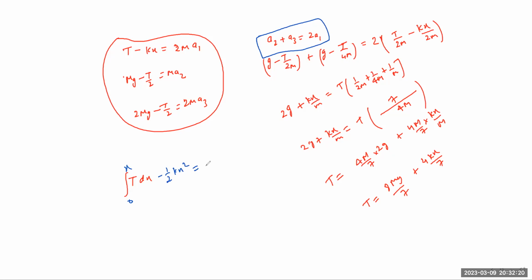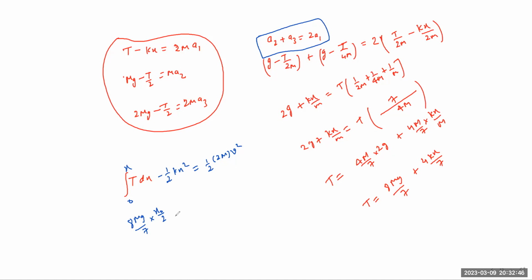So this is the net work done on the 2m mass. The net work equals the change in kinetic energy, half m v square. So 8 mg by 7 into x, which is x naught by 2. And what is x naught? I don't know what x naught is.